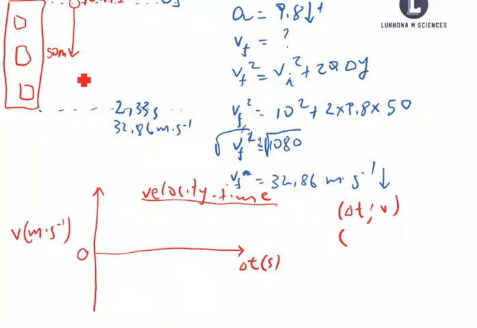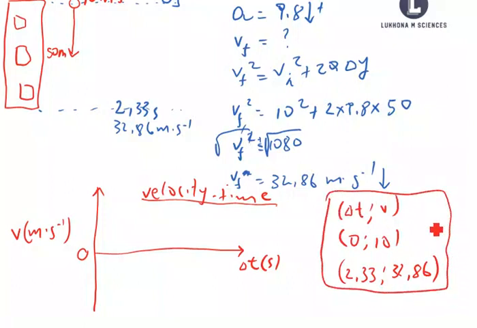So on the first point, that is the starting point, the time was 0 there, then the velocity is 10. Then on the second point, that is the last point, the time there is 2.33, whereas the velocity is 32.86. So these are the coordinates that we have.